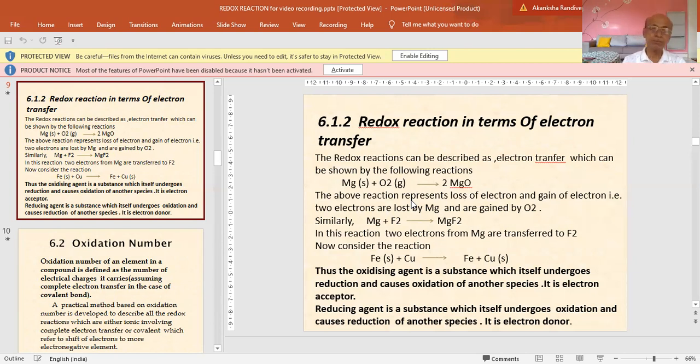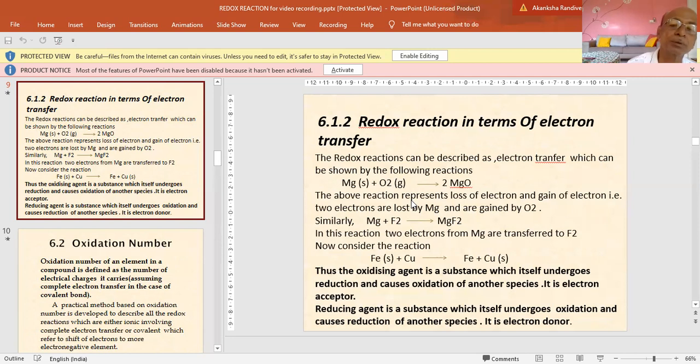Similarly, Mg plus F2 fluorine gas gives magnesium fluoride. So in this reaction, 2 electrons from magnesium are transferred to F2 fluorine. Now consider the third example, that is Fe solid.